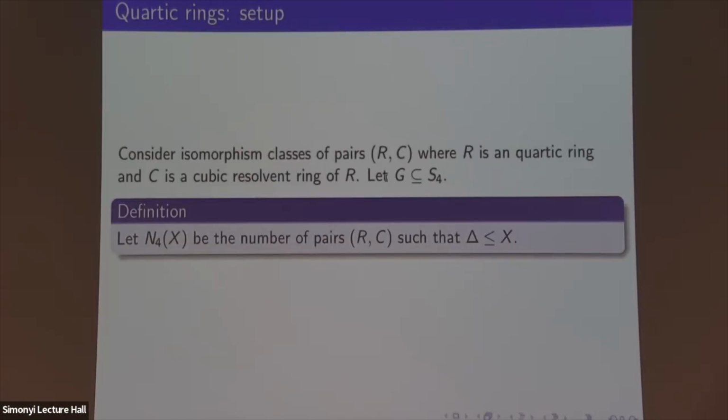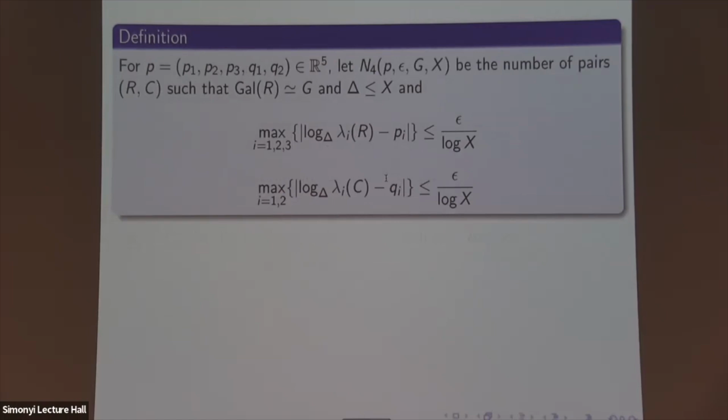Okay, so again, we define our density functions in the usual way. N4 of X is going to be the number of pairs R, C, such that the discriminant is bounded by X. We define N4 of P, epsilon, G, X in the following way. Again, P is a point of R5, epsilon is a positive real number, G is a subgroup of S4, and X is also a positive real number.